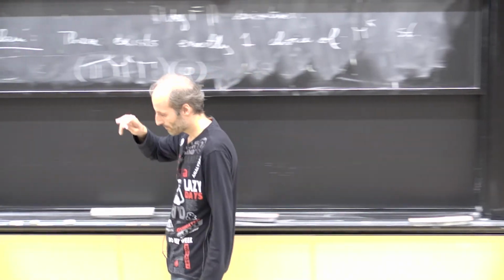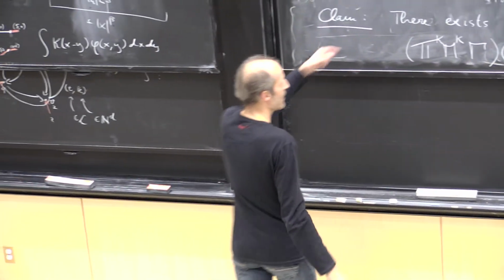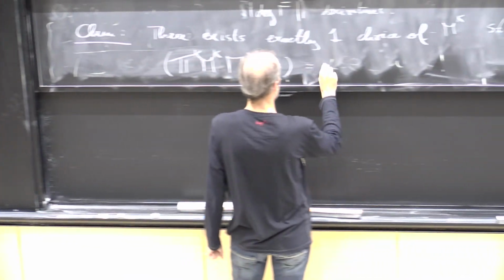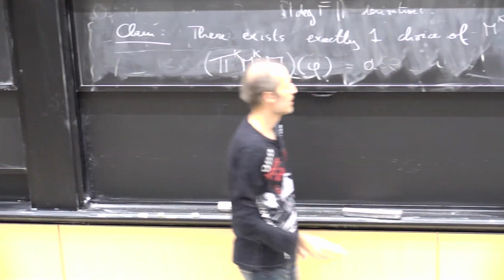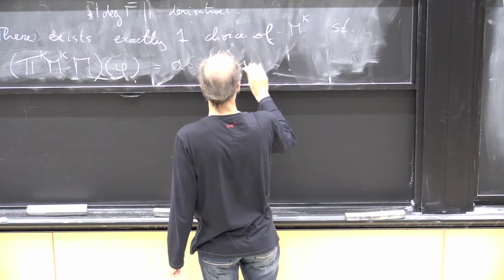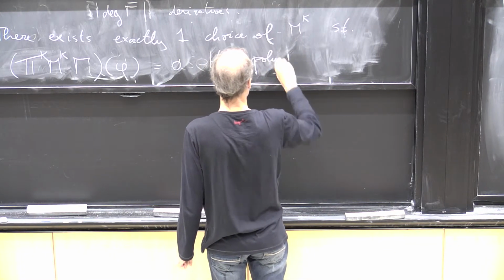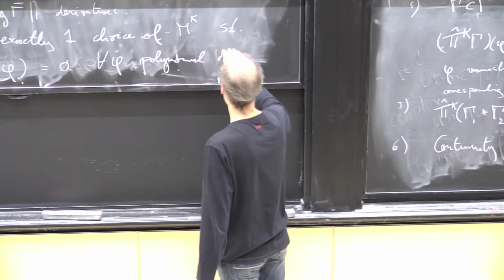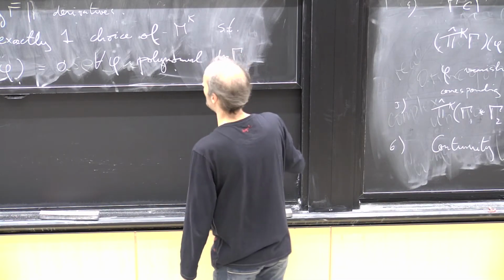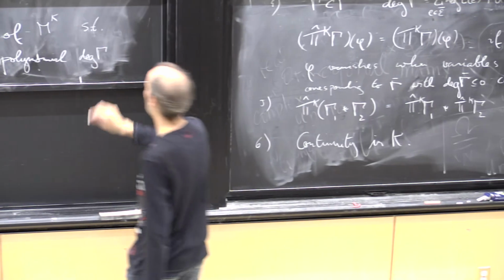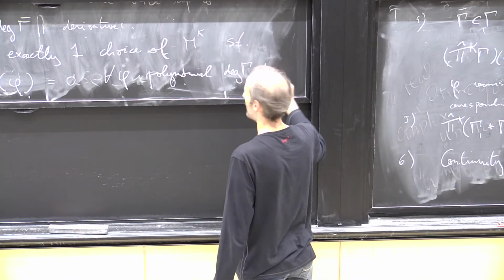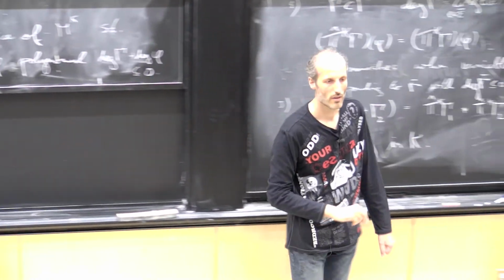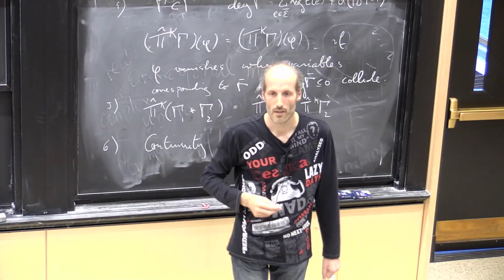And the claim is that there is exactly one choice which has the property that this is 0 for all phi which is polynomial, and such that the degree of gamma, computed in the same way, plus the degree of phi is less than or equal to 0. Okay?